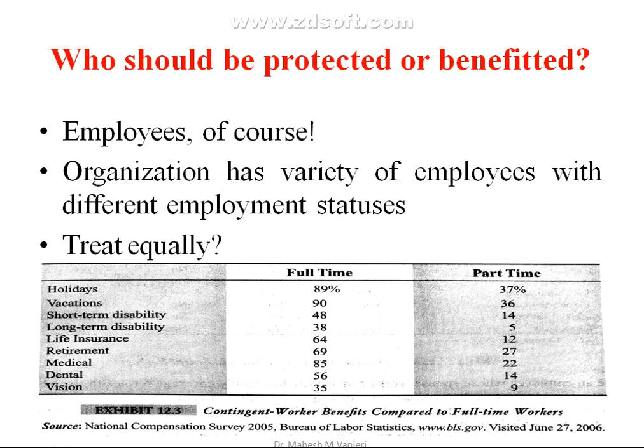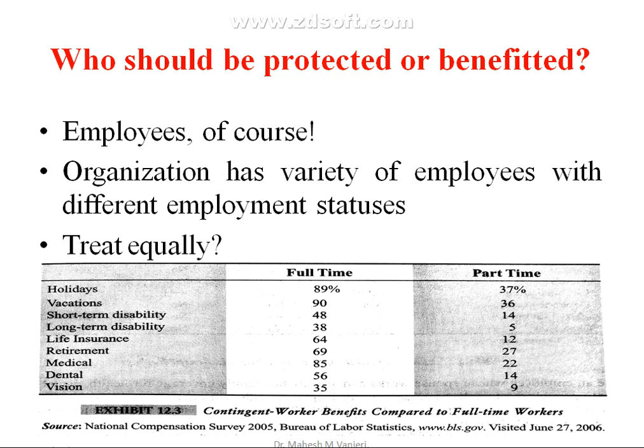The percentage of benefit provided to full-time employees related to holidays is up to 89%, whereas for part-time employees it is 37%. So even if there is a part-time or contract employee, he will not get as many leaves as the full-time employee gets.